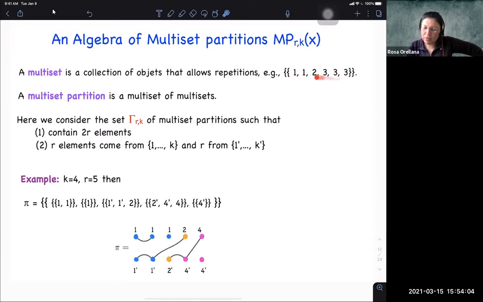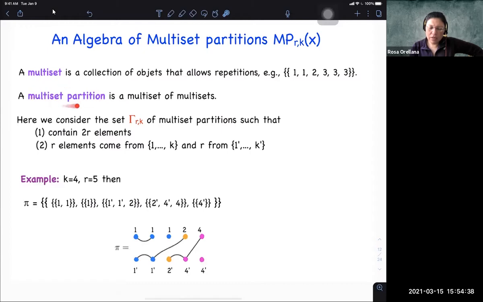A multiset partition is a multiset of multisets, just like a set partition is a set of sets. So here you can also have equal parts. When you had set partitions, that didn't happen because everything has to either occur or not occur. Now you have multiplicities.